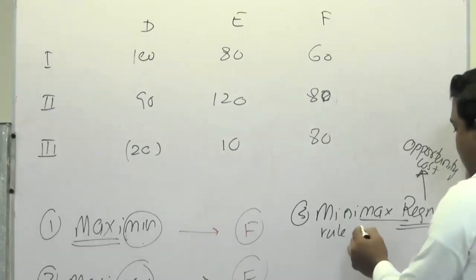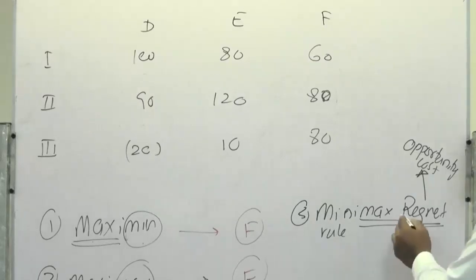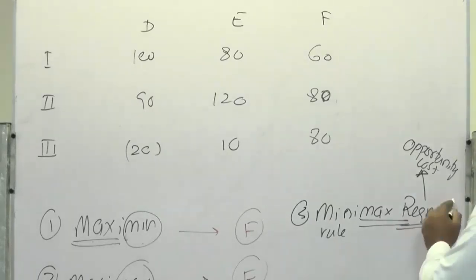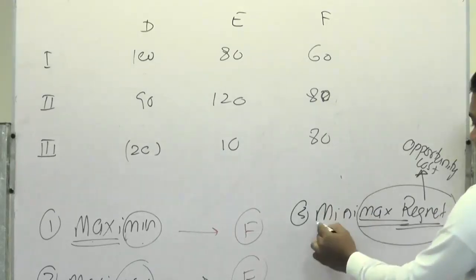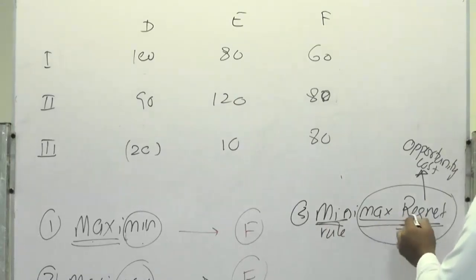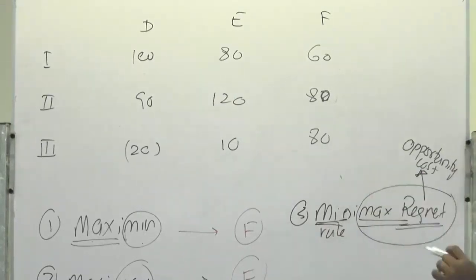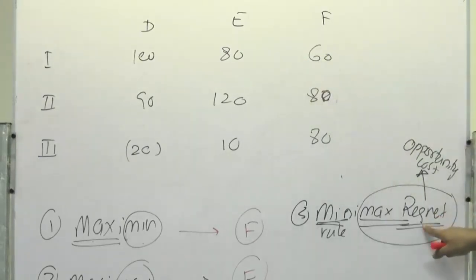You need to select the maximum opportunity cost of each project, then out of that maximum opportunity cost you will select the minimum. Got it?